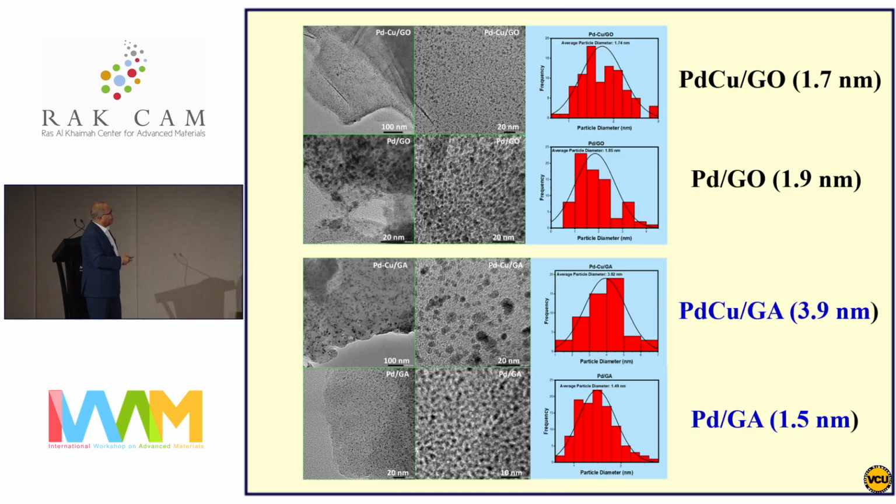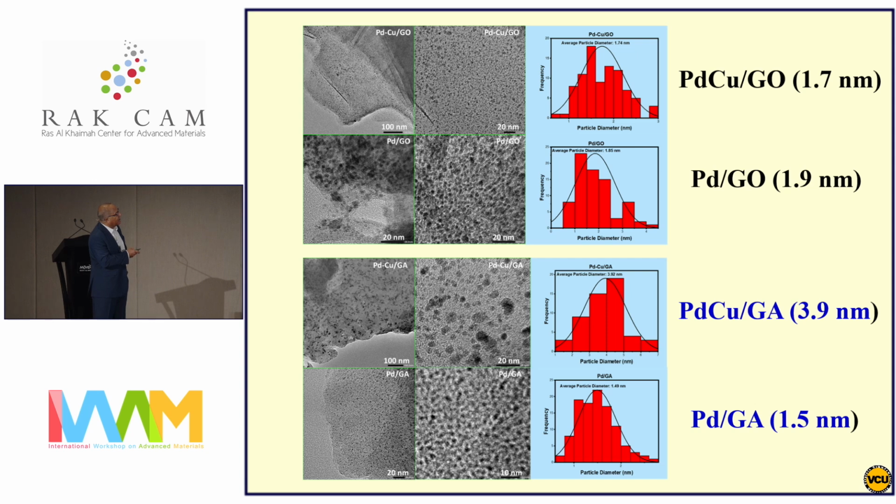So we deposited the palladium nanoparticles, and in this case we did this by a hydrogen reduction of the palladium ions, and also in presence of copper ions. So we could form palladium copper bimetallic particles and palladium particles by themselves.